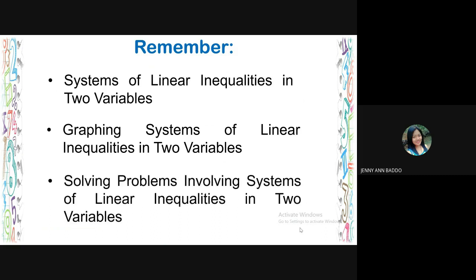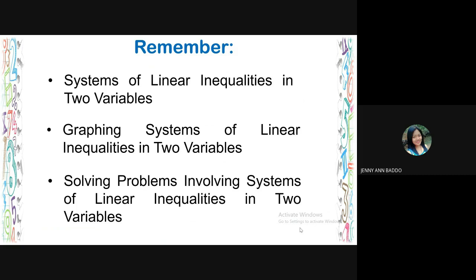And of course, for solving problems involving systems of linear inequalities in two variables, first, you have to represent the unknown variables and find the system of linear inequalities that you will need to solve the problem.